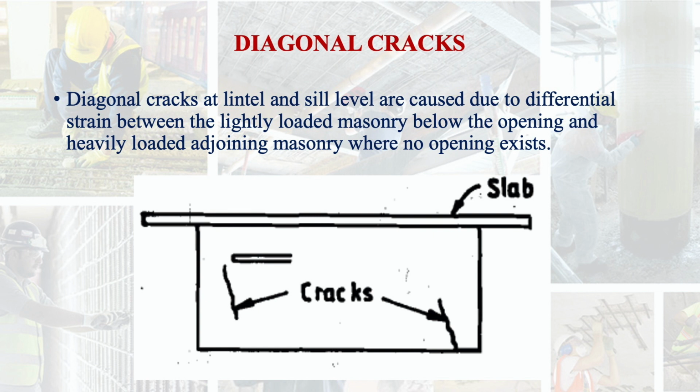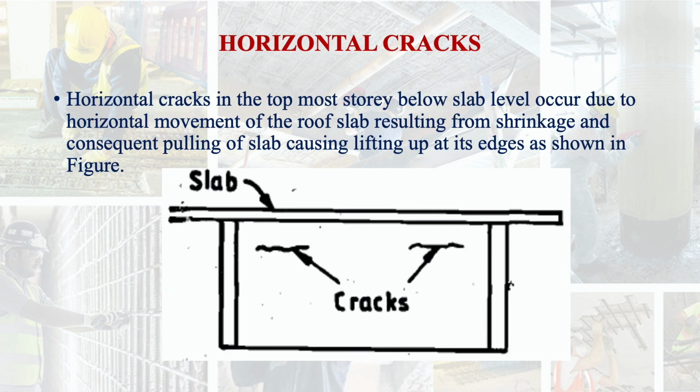Here you see the diagonal cracks in the wall. Horizontal cracks in the topmost story below the slab level occur due to horizontal movement of the roof slab resulting from shrinkage and consequent pulling of the slab, causing lifting up at its edges, as shown here in the figure.